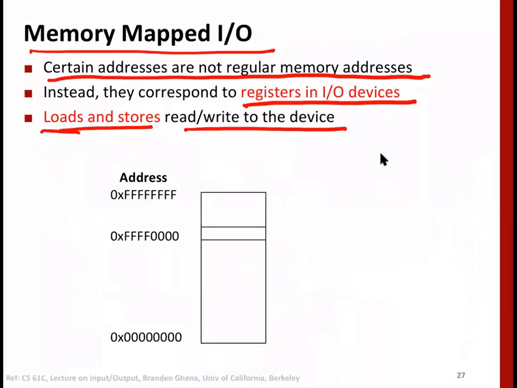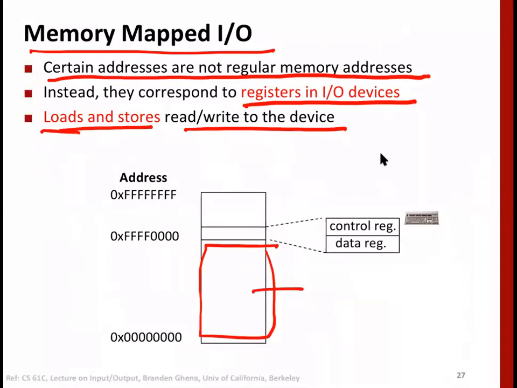For example, in this example, we can use this area for regular main memory, and starting from this address FFFF0000 up to FFFF, we can use for IO. For example, the address FFFF0000 we can map to, say, a keyboard.